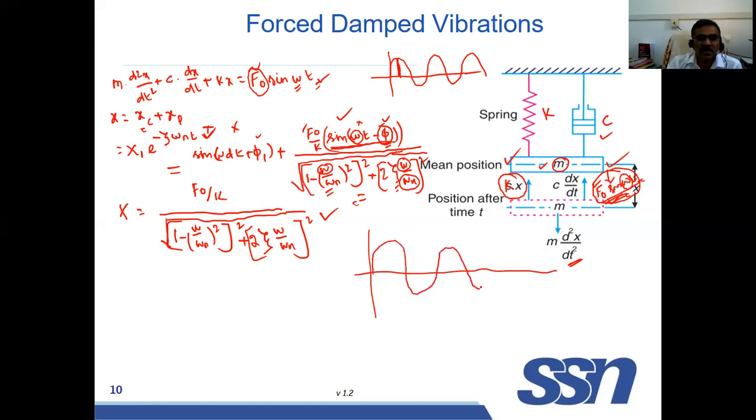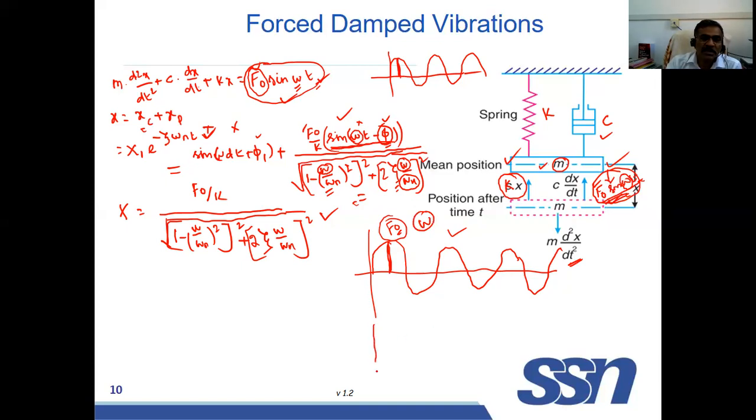Actually, the forcing function is F naught sine omega t. If you draw this in a graph, it will be like this. Here the amplitude is F naught, and the frequency of this is omega.